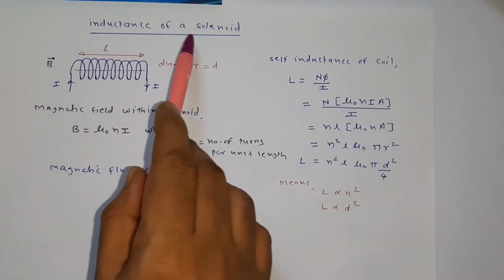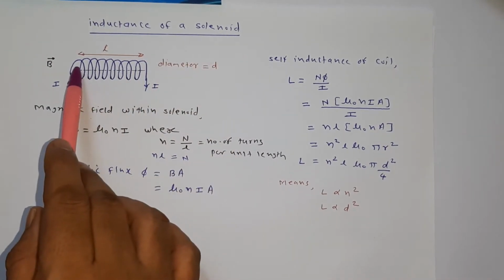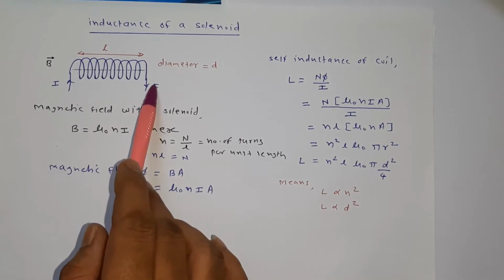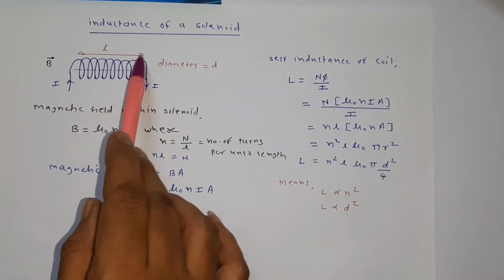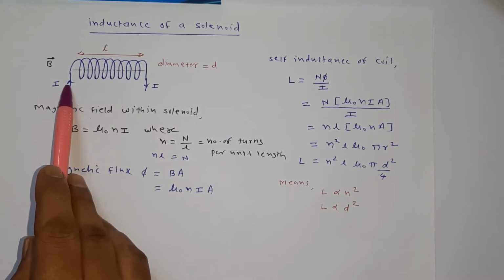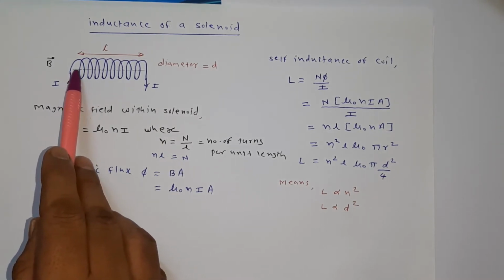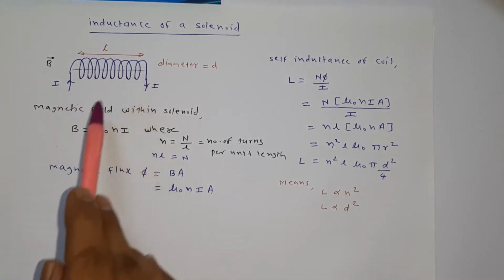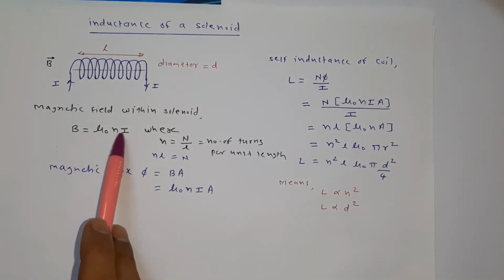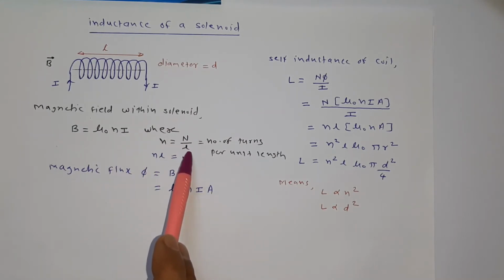Now, inductance of a solenoid. Suppose we have a long air-cored solenoid of length L and diameter D. When current passes through this solenoid, the magnetic field produced within it is given by the formula B = mu 0 n i, where n is the number of turns per unit length.